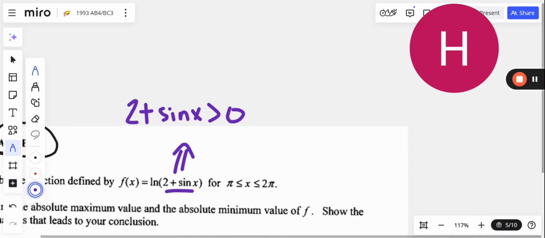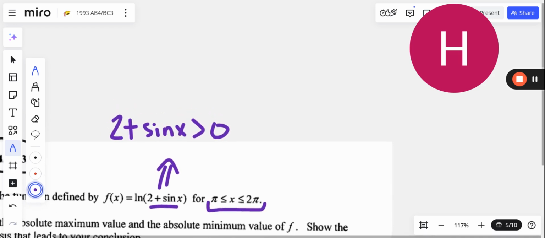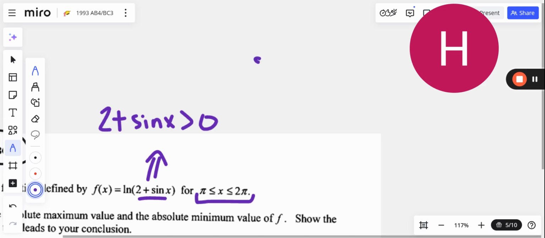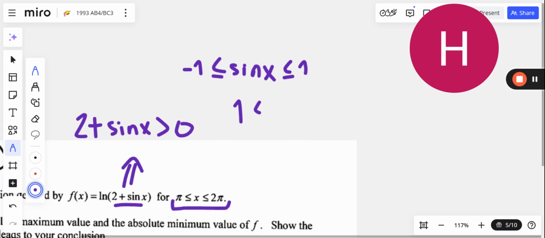Well, let's work on how that's definitely true. We're given an interval here, but let's work on how that will definitely be true no matter what the interval was. We know that sine of x is always greater than or equal to -1 and less than or equal to 1, which means 2 plus that is going to land us somewhere in between 1 and 3.